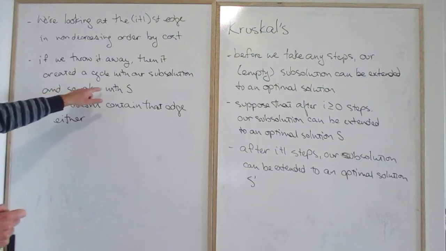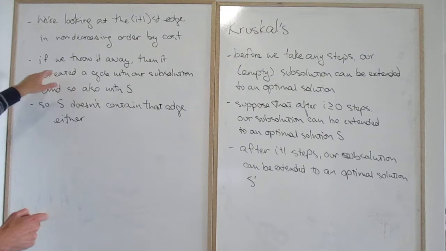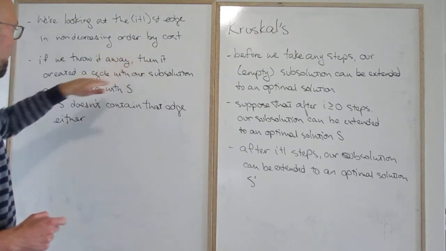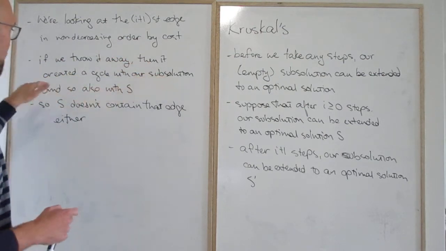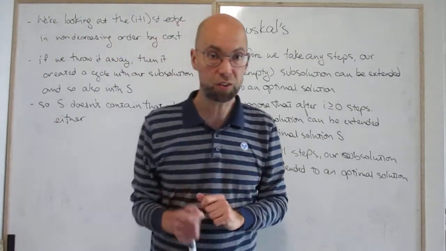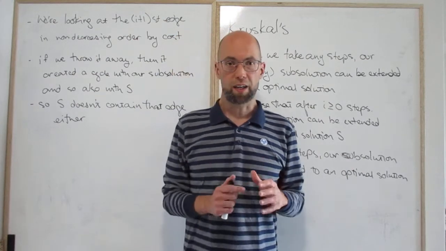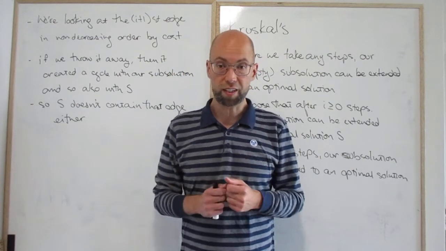If we throw the edge away, then it created a cycle with our subsolution, and so also with S. If we couldn't take it, S couldn't take it either. So what if we do take it?